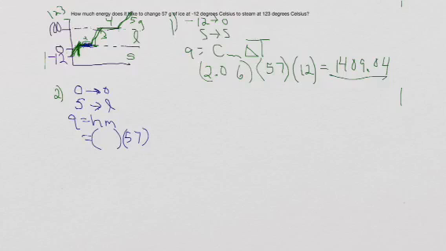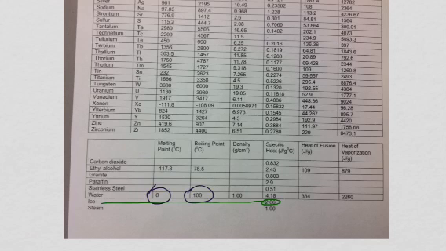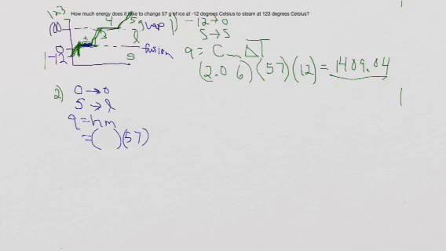So we need an H. Now, if you're on the bottom dotted line, you're going to be using heat of fusion. And if you're on the top dotted line, you're going to be using heat of vaporization. So right now we want the heat of fusion. So we go over here, for water, heat of fusion is 334. Put that in and multiply. That gives us how much energy it takes just to melt it.